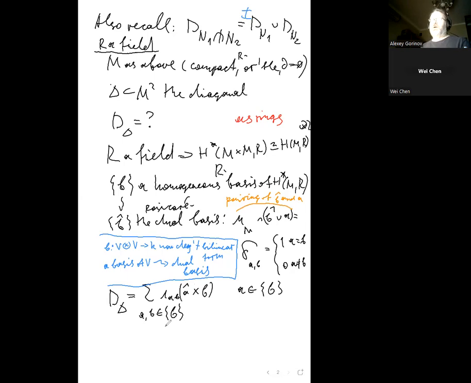A and B are arbitrary elements of the basis. What are the lambdas? The lambdas are elements of R. What is the cross product?